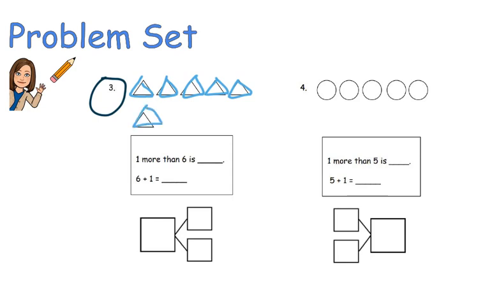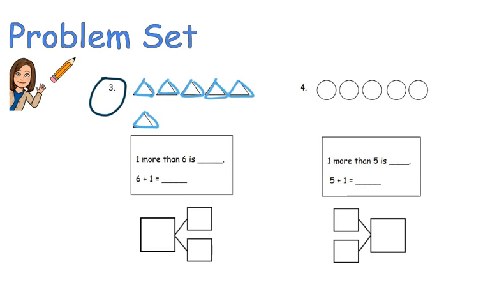How many triangles did you get? All right, let's double check and see. We have 1, 2, 3, 4, 5, 6. Did you get 6? Nice job.